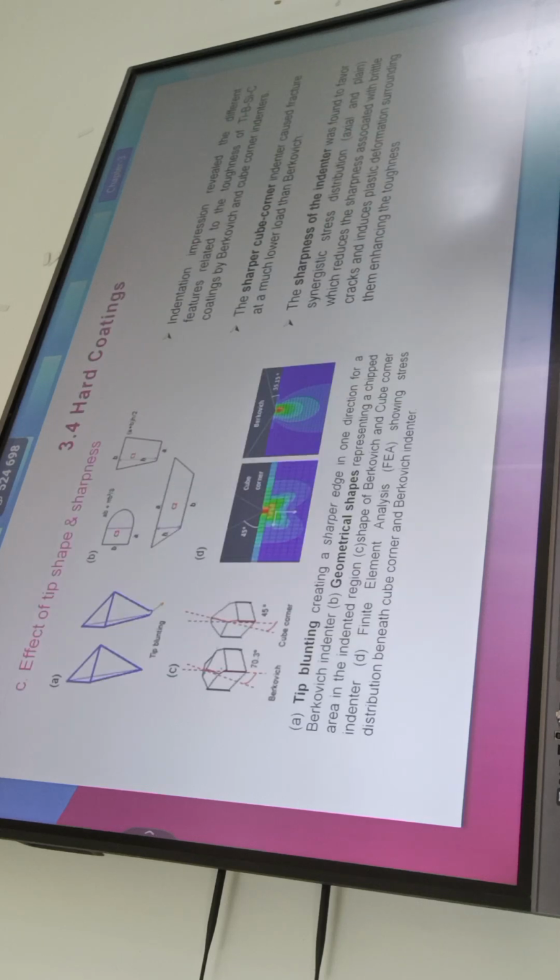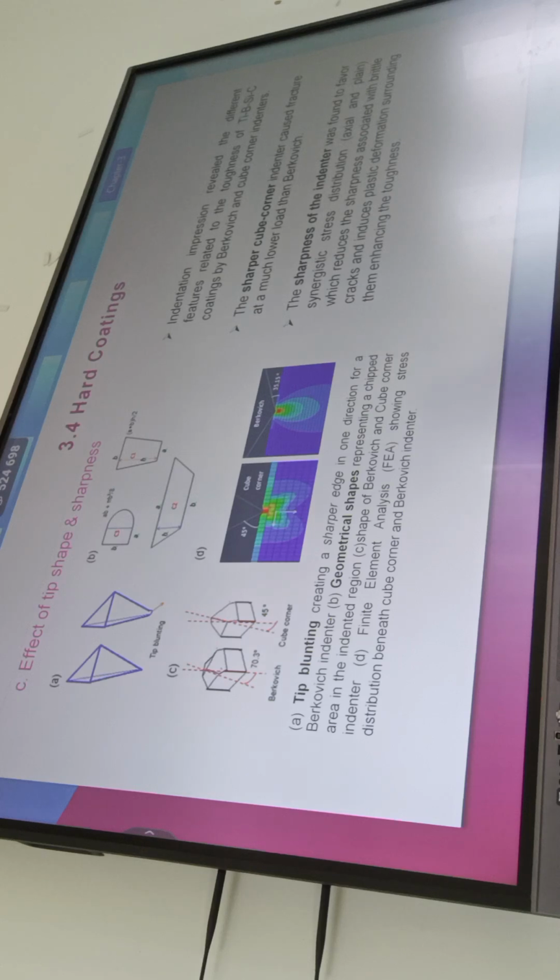So for hard coatings, there is an effect of tip shape and sharpness. The indenter tip also shows some effect on the properties of the material.